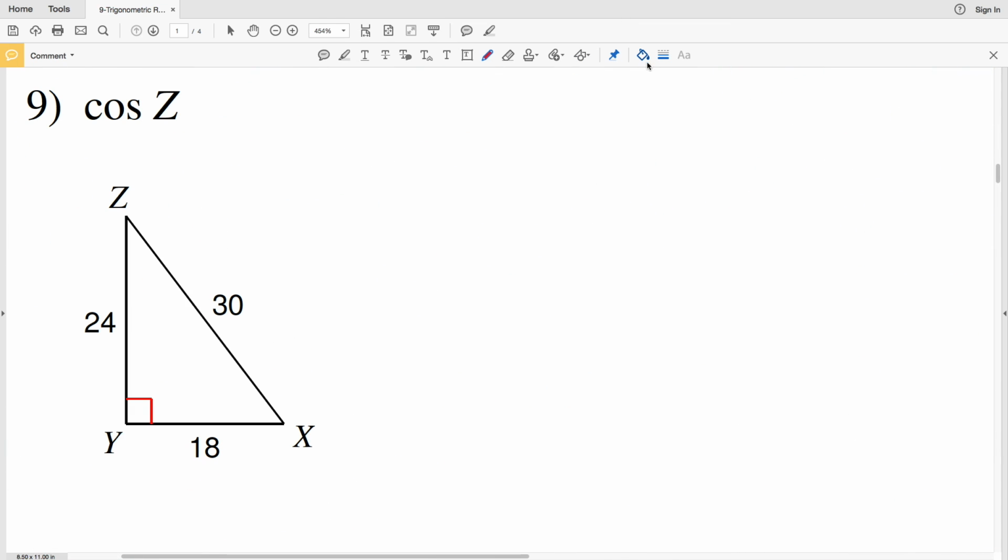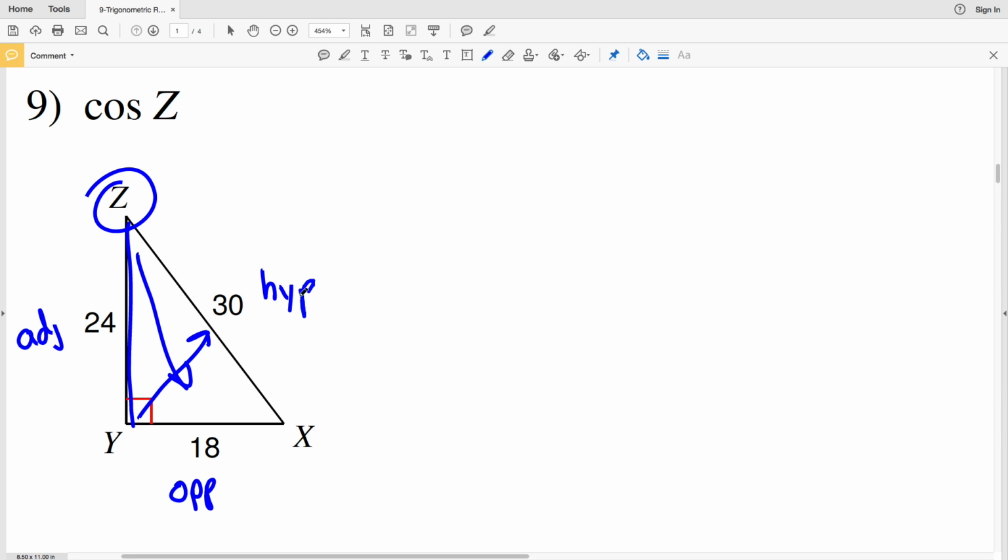In number 9, we're looking at the cosine of Z. Z is this angle, so opposite Z is 18, YX, adjacent Z is 24, and the hypotenuse directly across from that right angle is 30. And if I'm looking for the cosine, think CAH.